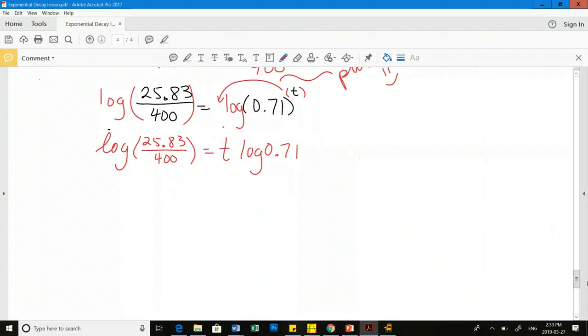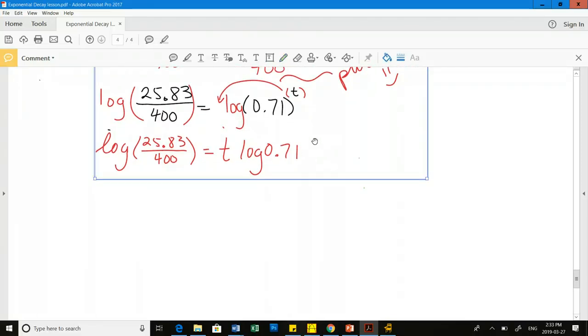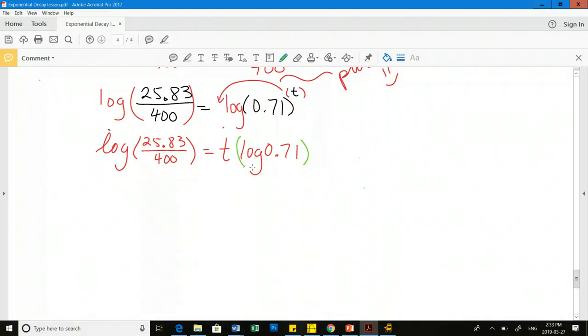Okay, so right now we have t times the log of 0.71. Remember guys, yesterday we talked about if I have the log of 0.71, those guys are now buddies. I can't move each piece individually. I must move this whole log thing, the log of this, all together. So I'm going to divide it out because it's being multiplied by t right now, and I want to get t by itself.